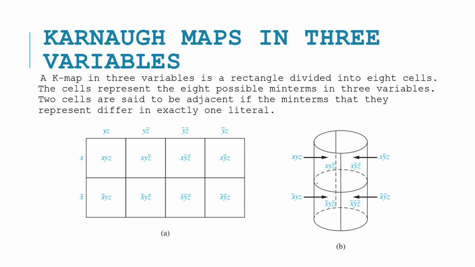Here, we could fold the K-maps. So we could say that this column here is adjacent to this column here, as you could see in figure B. So x y prime z is adjacent to x y z, and vice versa for the second row.